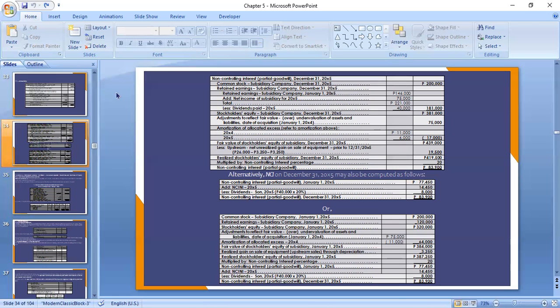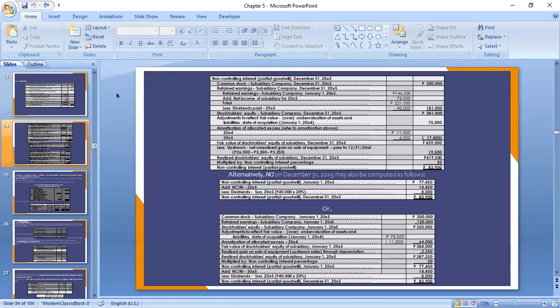So we have the non-controlling interest under the partial goodwill approach. Or we have this another alternative solution: the common stock of the subsidiary company on January 1. Then we have the retained earnings to be added.